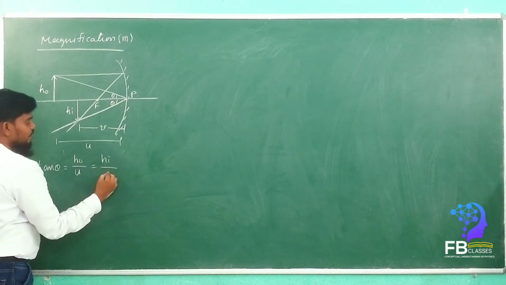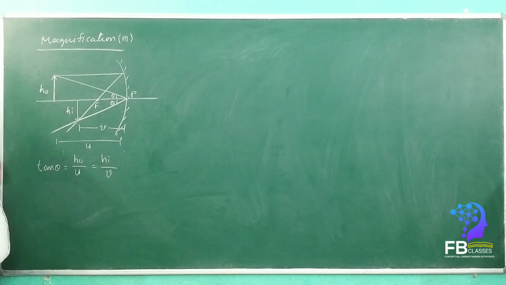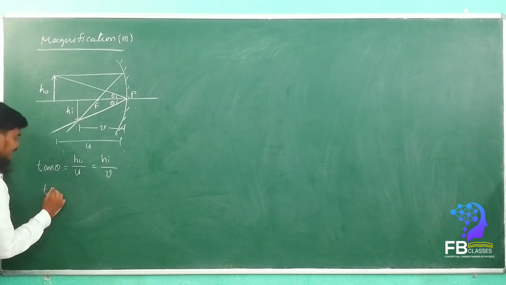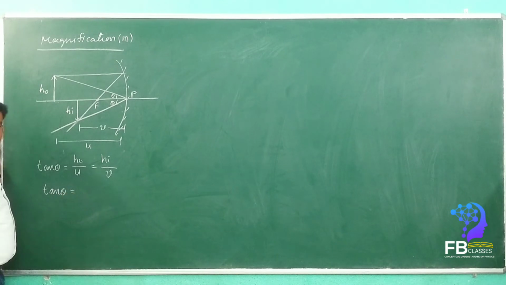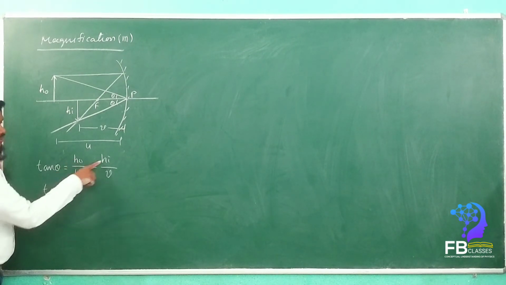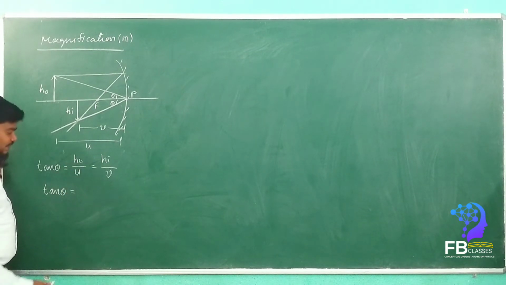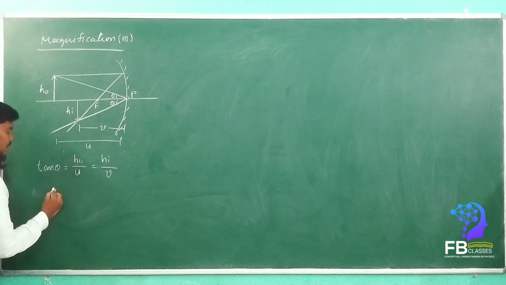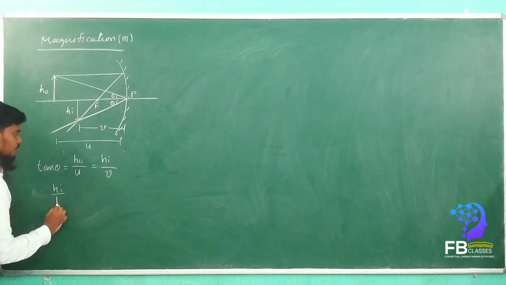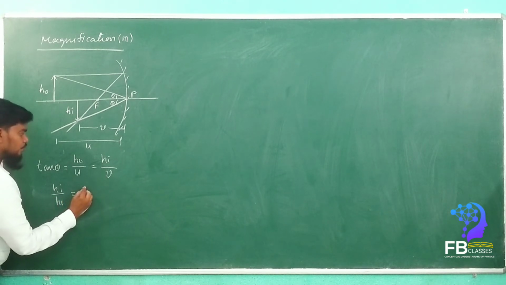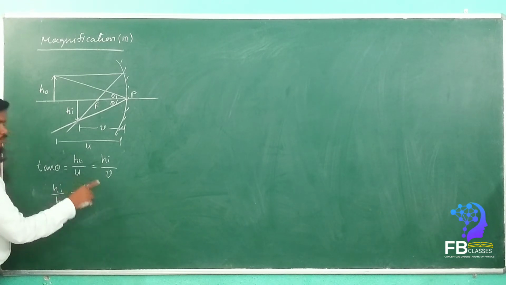Adjacent is how much? V. Now here, Hi upon Ho is equal to V upon U. Got it?